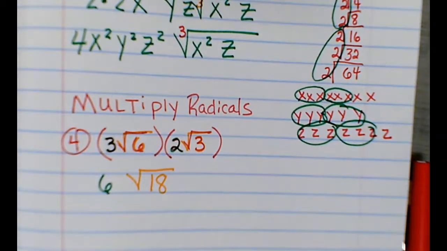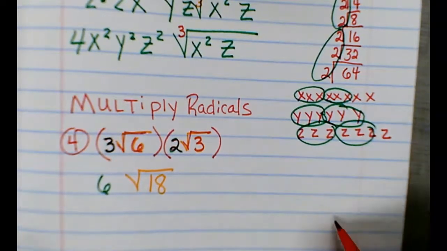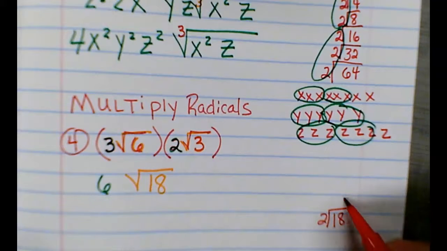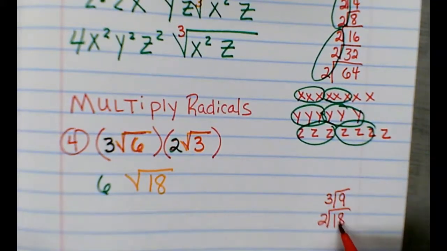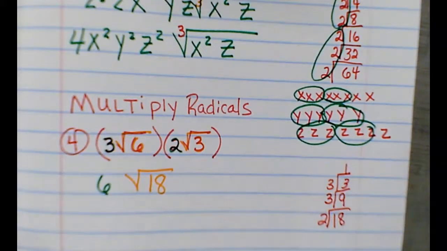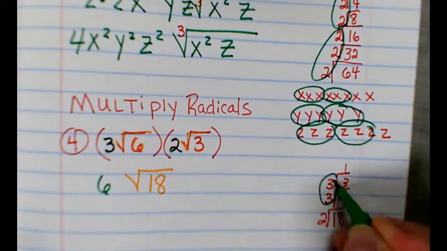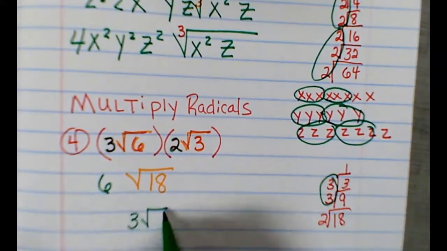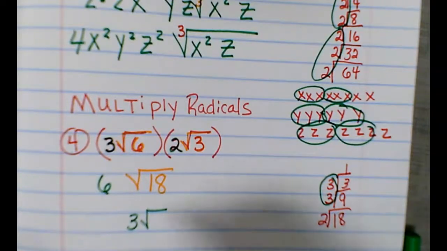But you can't leave it like that because 18 is not a simplified number. You have to do the birthday cake on the 18. 2 will go into 18, 3 will go into 9, 3 will go into 3. There's a pair of 3s and a 2 left over.